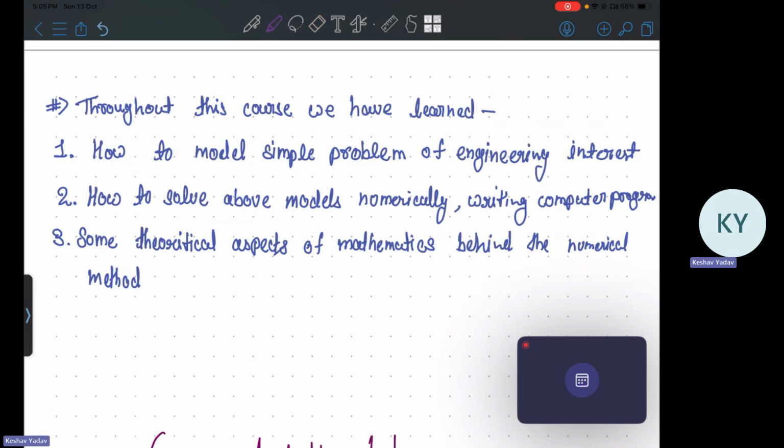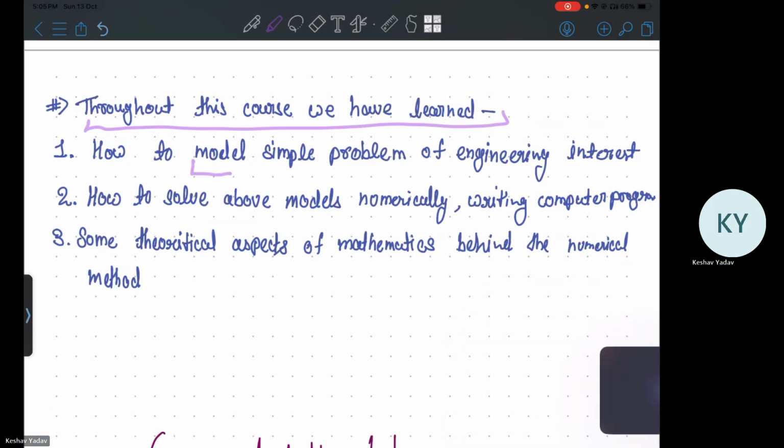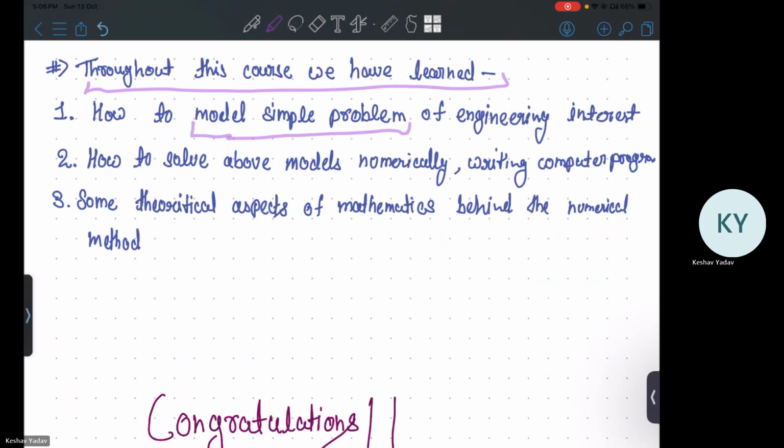Throughout this course, we have learned how to develop a simple model for a simple engineering problem. Then we have seen how to solve the model numerically and write its computer program.